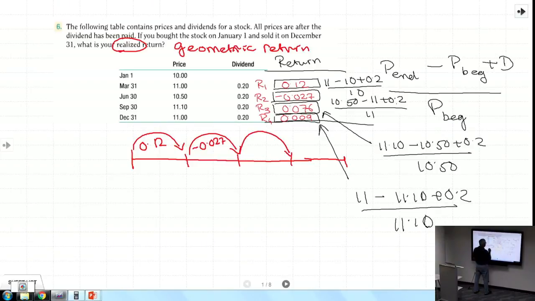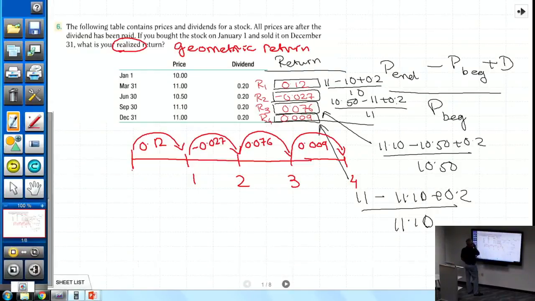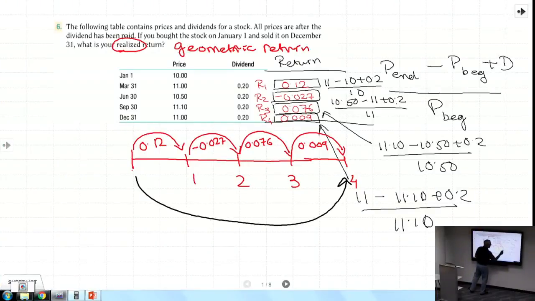Return over the third period and return over the fourth period. So then the question is, what is the return over this entire period from here to there? Had you invested $1 here, what would that dollar grow to?